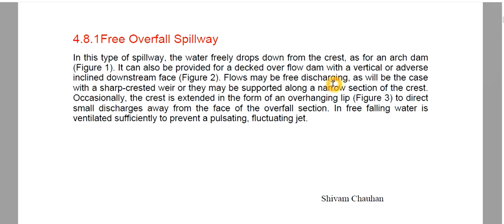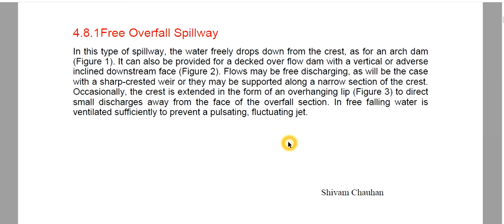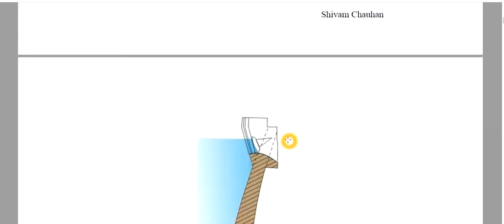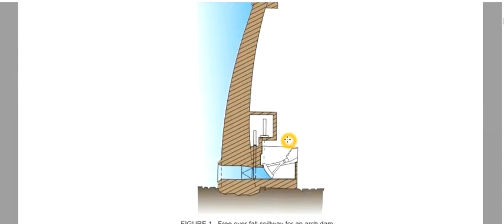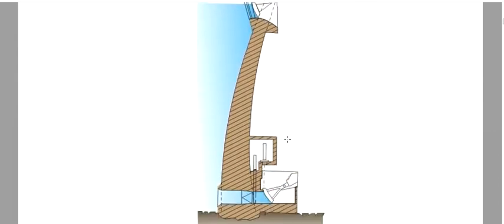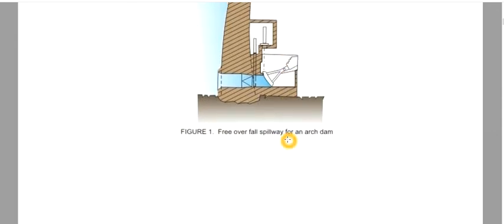Flows may be free discharging, as is the case with a sharp crested weir, or they may be supported along a narrow section of the crest. So you can go through the theory which I have shared in the departmental web page and as well as in Google Classroom.